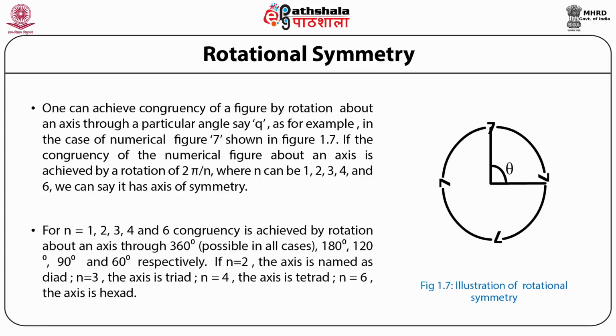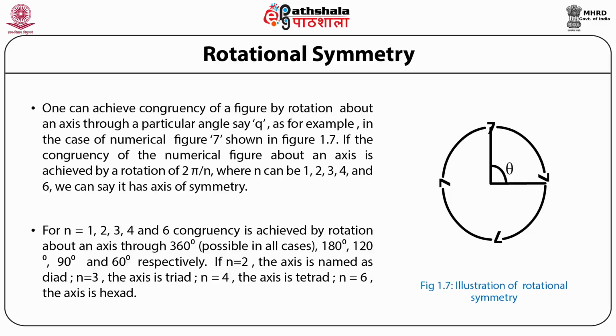For n equal to 1, 2, 3, 4, and 6, congruency is achieved by a rotation about an axis through 360 degrees, 180 degrees, 120 degrees, 90 degrees, and 60 degrees respectively.